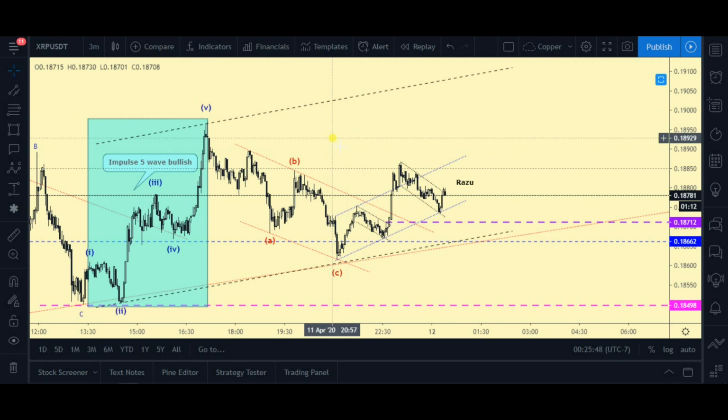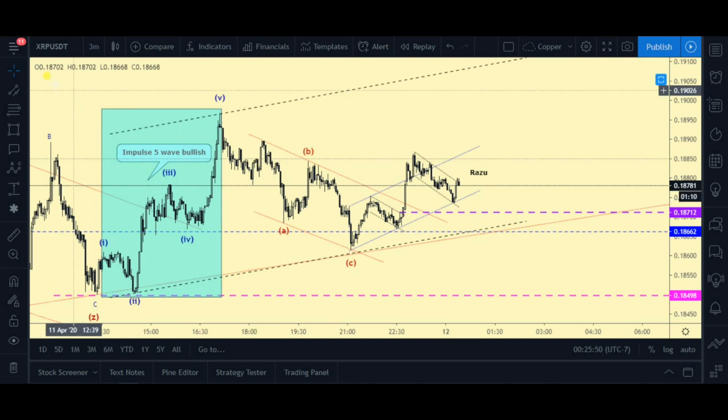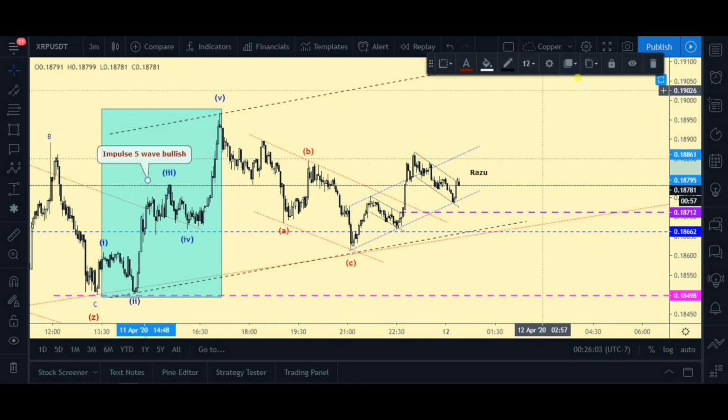So here I'm showing you this XRP 3-minute chart, and we have this 1, 2, 3, 4, and 5 swings. This is a 5-wave impulsive and a bullish signal.